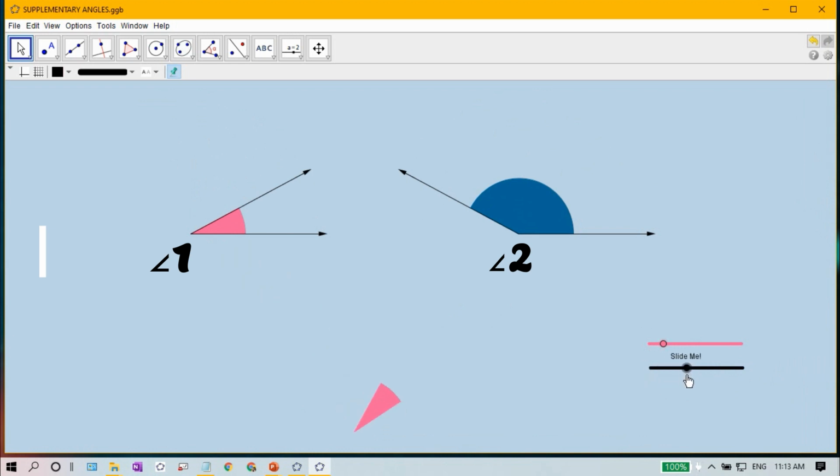Let's take this one and see if it is supplementary. There we go. Okay, so when we add this angle and this angle, we can say that they form a straight angle. Then, therefore, these two angles are supplementary angles.